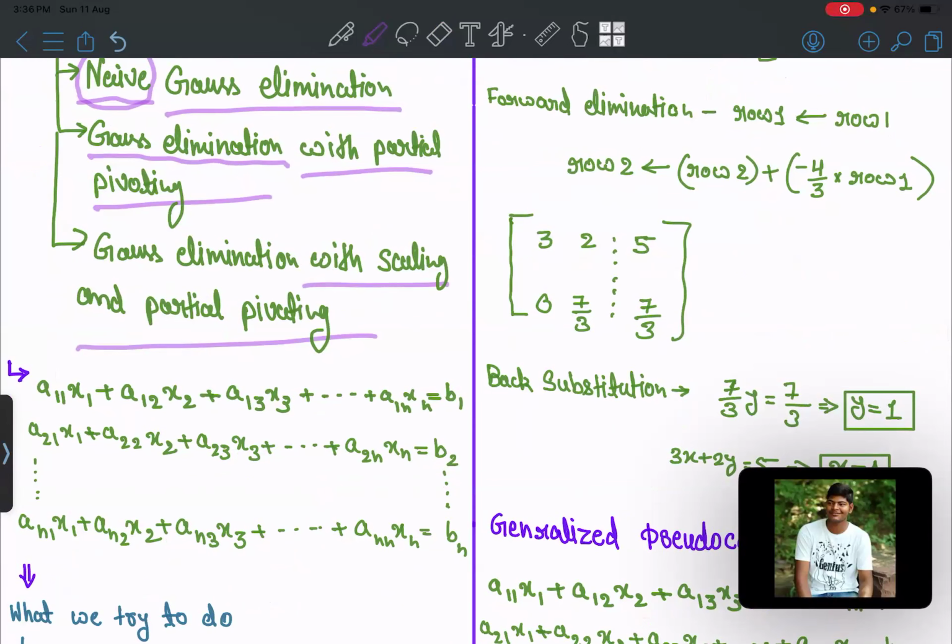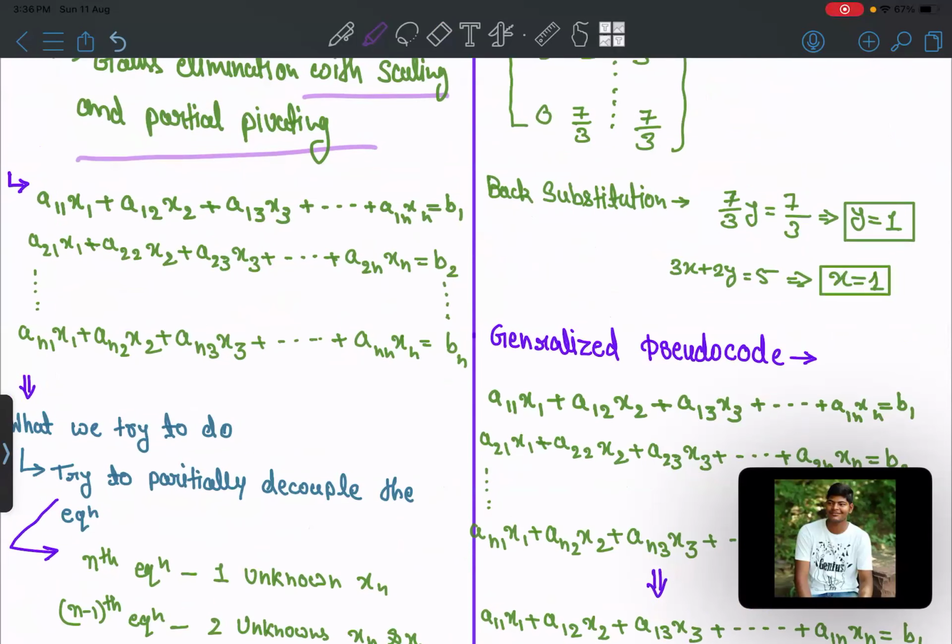Now suppose we have n linear equations with n unknowns x1, x2, x3, up to xn. The first equation is represented as a11 x1 plus a12 x2 plus a13 x3, similarly a1n xn equal to b1.